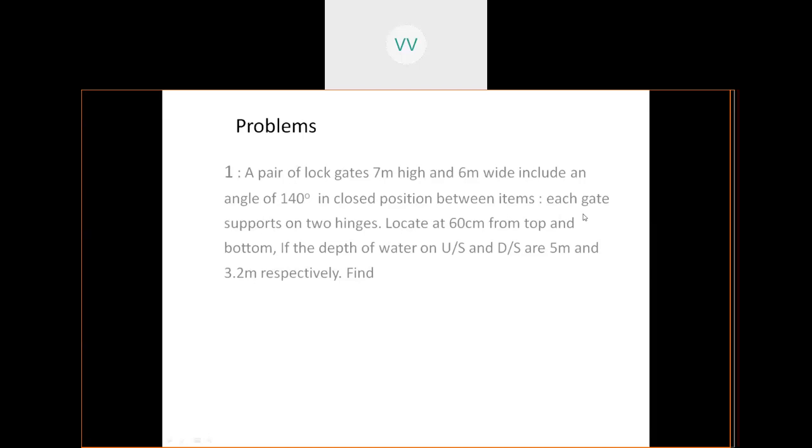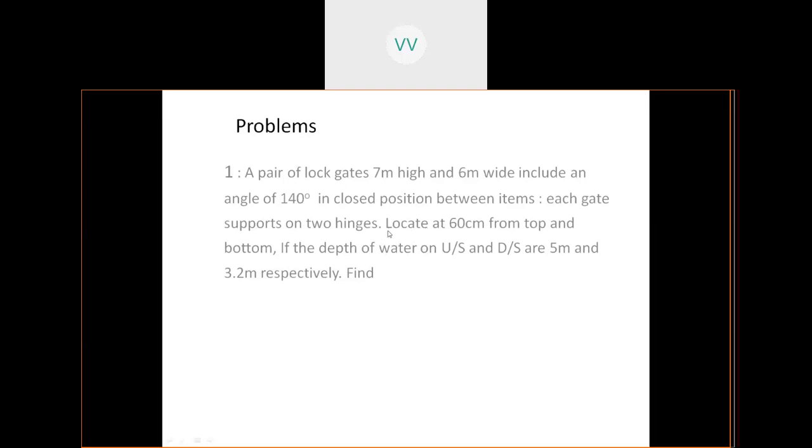Each gate is supported on two hinges, because you need a top hinge and a bottom hinge in order to hold the gate in position and to permit its movement to and fro, that means to close and open.